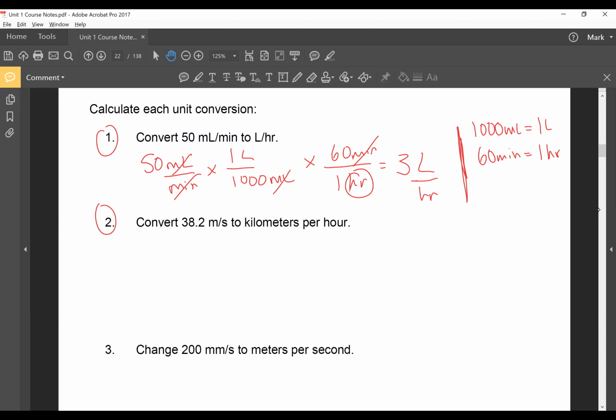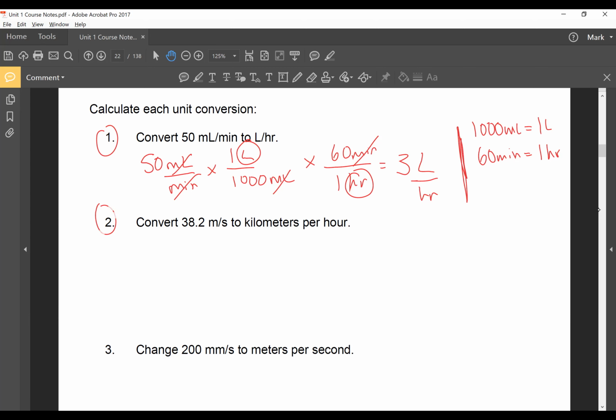All right, and again, I'm circling the units that we're left with. I didn't cancel liters, I didn't cancel hours, everything checks out. For any students moving into physics, you're going to see this and you're going to use this method.